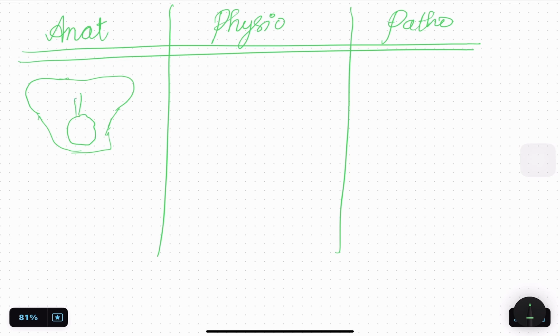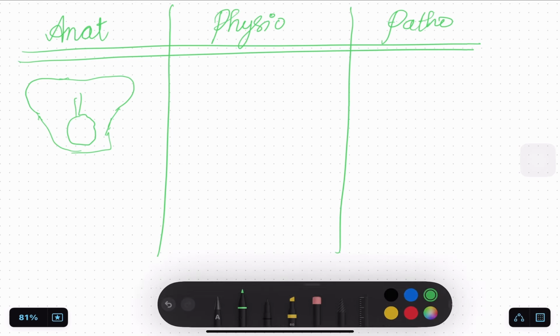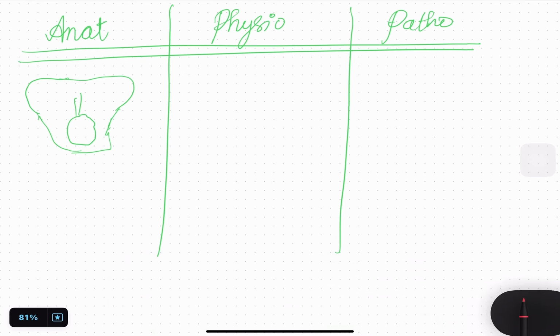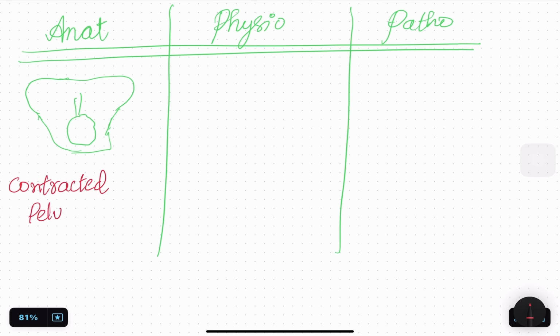Talking with respect to anatomy, what can happen? If the pelvis is contracted and the baby cannot be delivered, that condition is called contracted pelvis. That is one of the complications you will see, and if the pelvis is contracted, then you have to do a C-section.